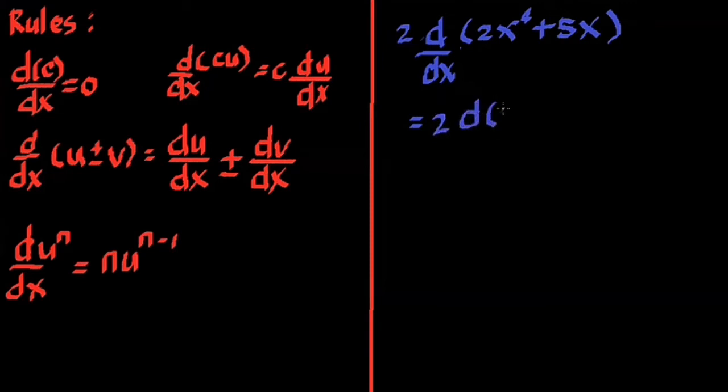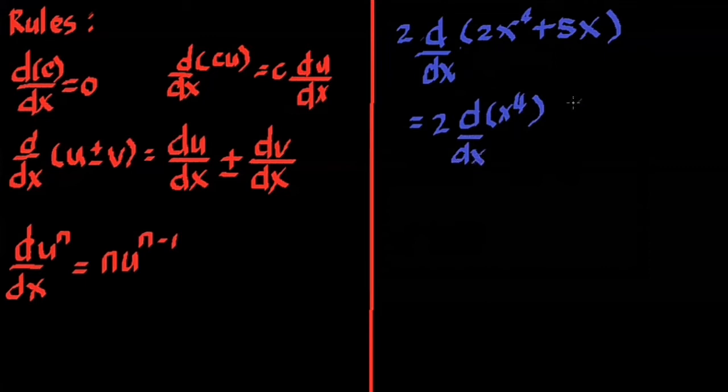So this would be the derivative of x exponent 4 over dx plus 5 dx over dx. And this would be in parentheses.